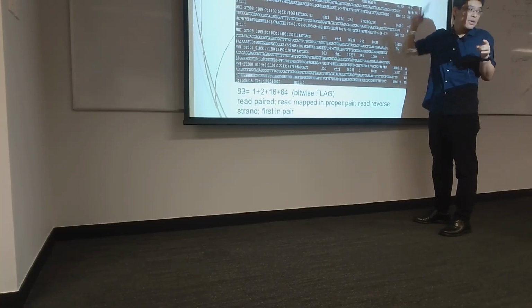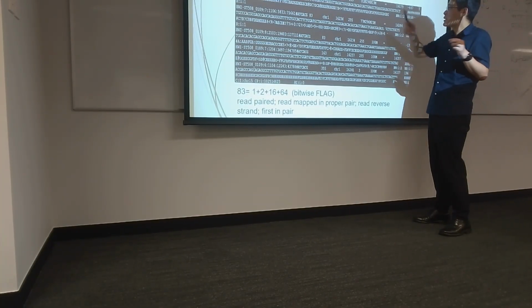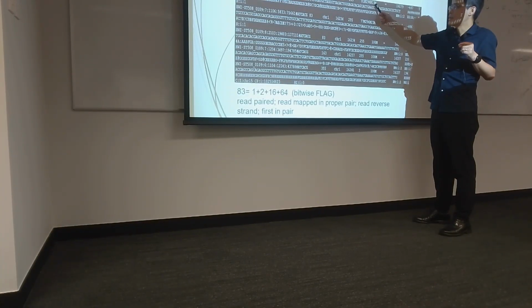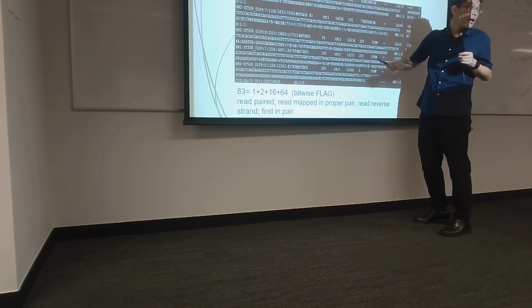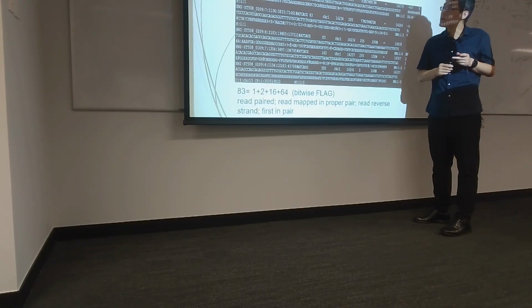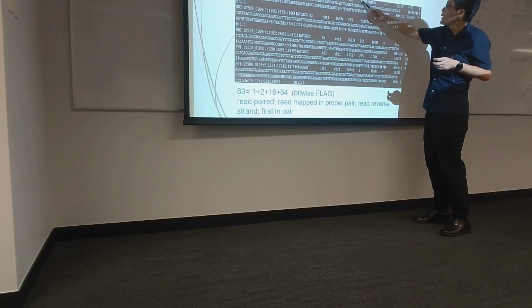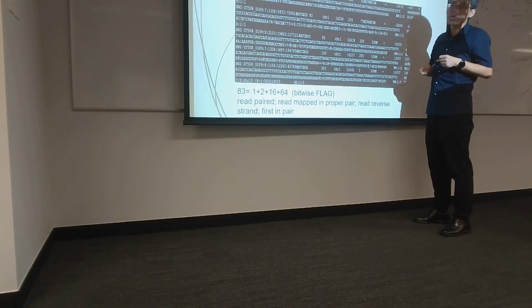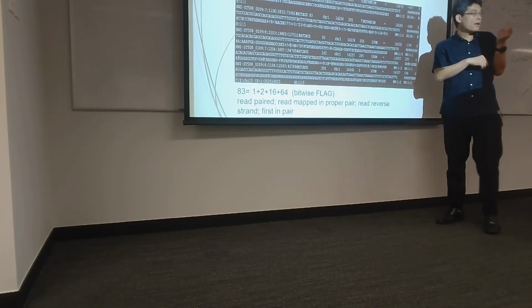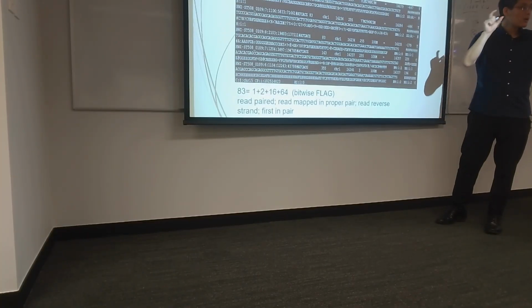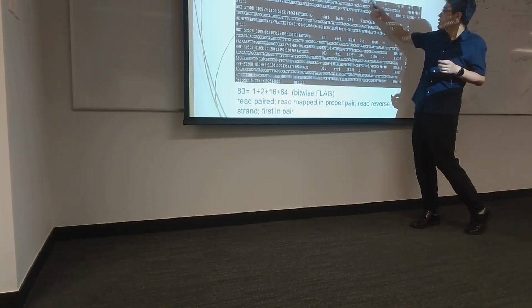N is actually the jumping, so that part is not matched. And 19M, another 19 matched. Basically, this is representing a junction. You can see 81 plus 19 equals 100, right? So that read has 100 bp, and there is one junction in the middle of that read. This is the meaning of the CIGAR.